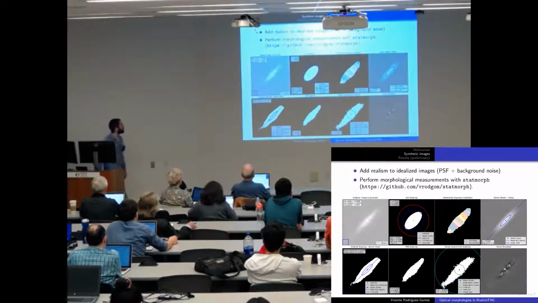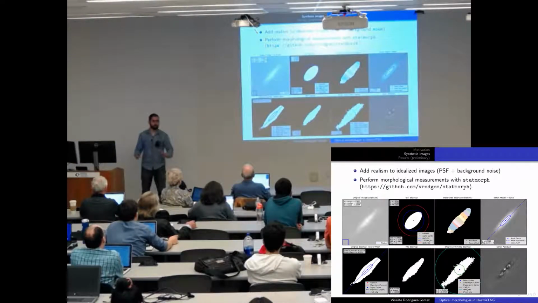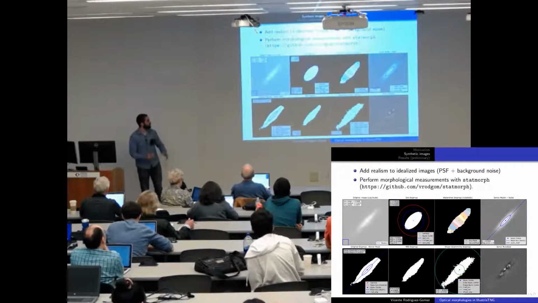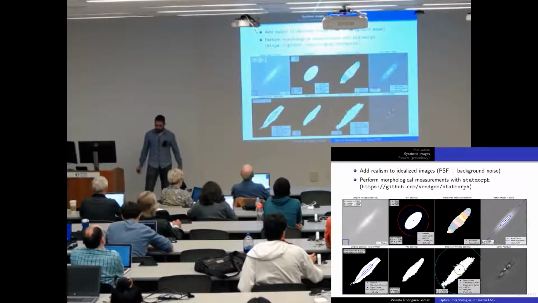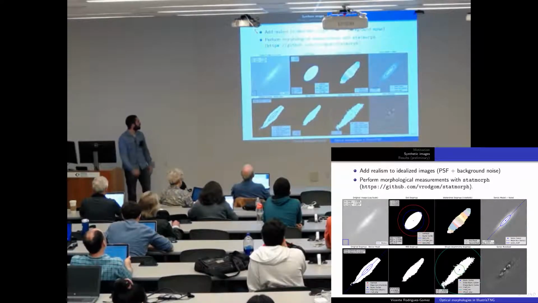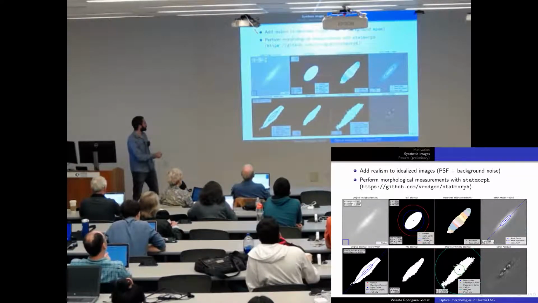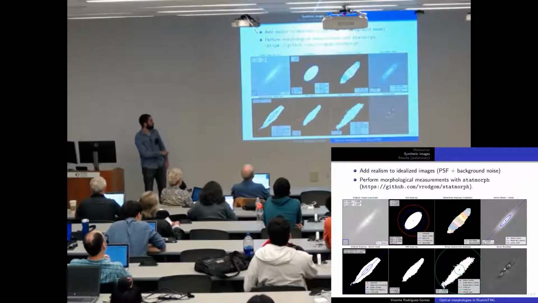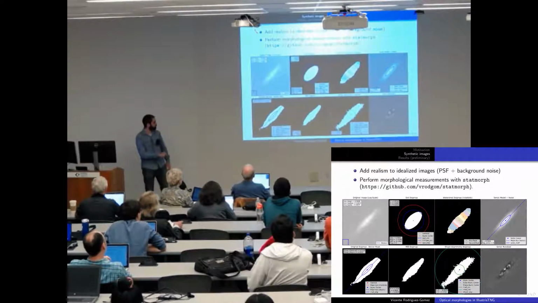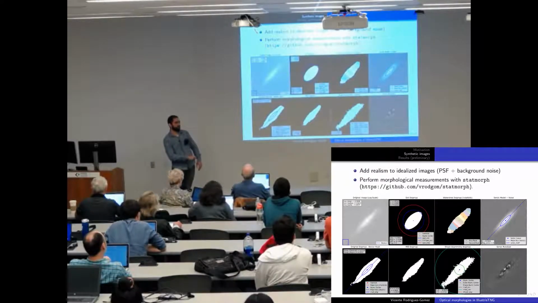So we actually developed a new code to do the morphology measurements. It's mostly based on Jennifer Lotz's IDL code to measure Gini, M20, etc. But I tried to make it a bit more user-friendly, as a Python package that you can just download and run. I don't have time to explain everything, but it does the usual Gini, M20, concentration, asymmetry, etc. And also Sersic fits.